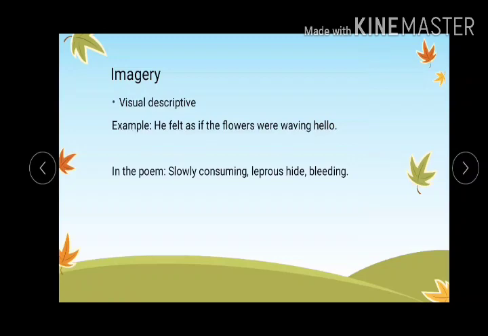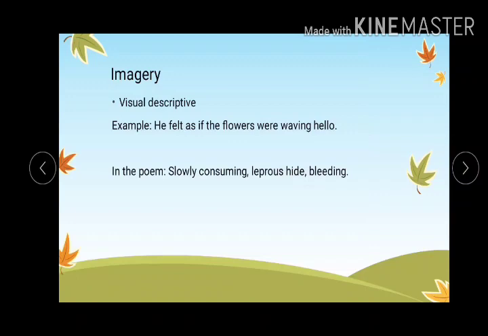Now look at the lines in the poem that show imagery. Slowly consuming. So when the poet says slowly consuming, the tree is slowly consuming air, water, sunlight. You can see a tree growing from a seed to a big tree, or at least you will be able to imagine a big tree, isn't it? Then leprous hide.